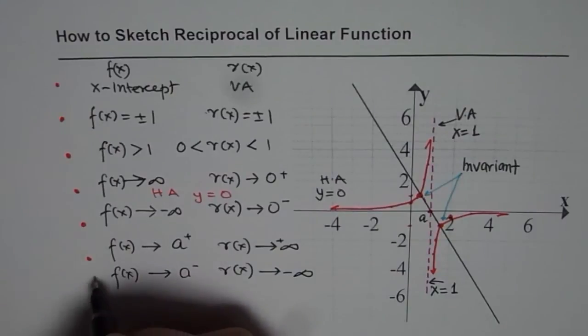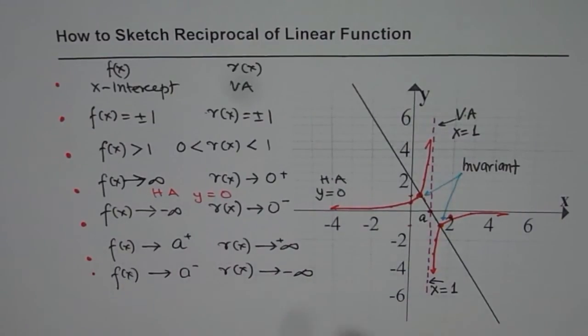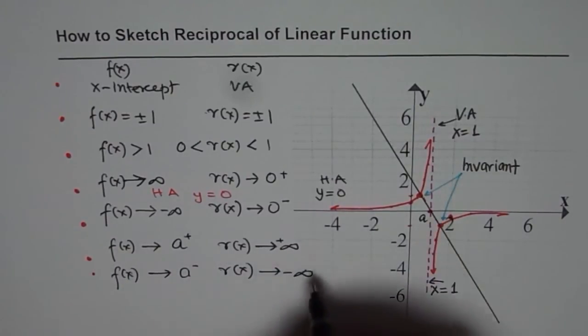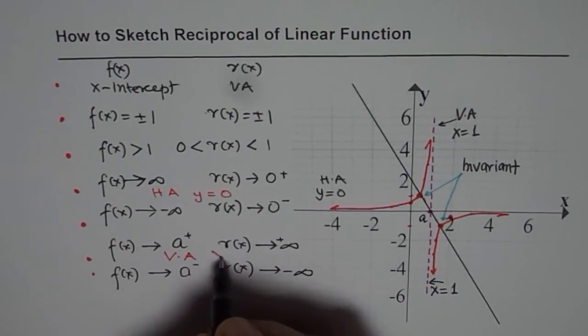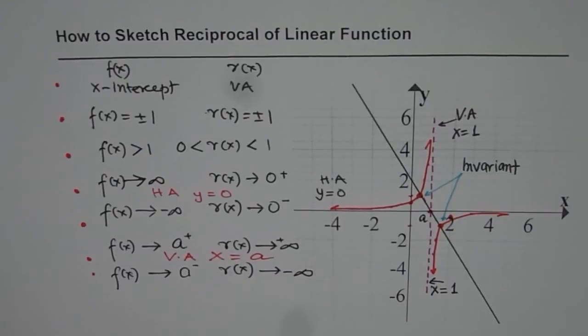These are very critical points, and this is the behavior near the vertical asymptote. So that leads to vertical asymptote, and the equation is x equals a. In our case, x was equal to 1. So if you keep these points in mind, you can immediately sketch a wonderful reciprocal function from a linear function and get 100% marks. That is what it's all about.